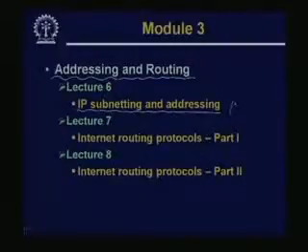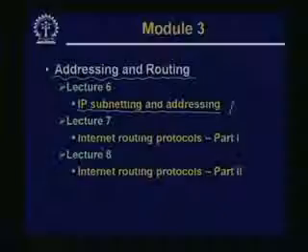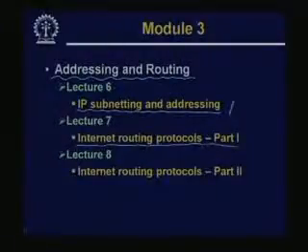This is one topic where we will be basically talking about how we can make more efficient utilization of the so-called IP addresses. Now in the IP protocol, all computer addresses are treated as 32-bit quantities. So how to best utilize these 32 bits? We shall be having a look at this. Then we shall talk about internet routing protocols.